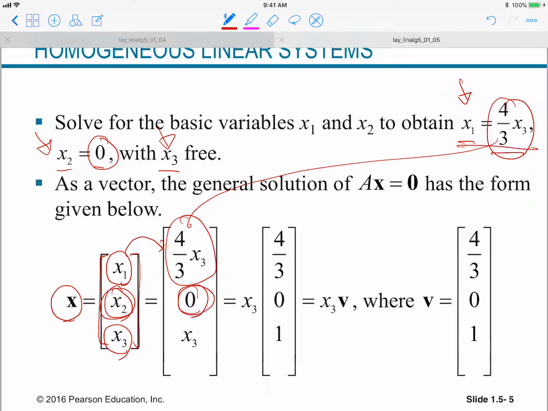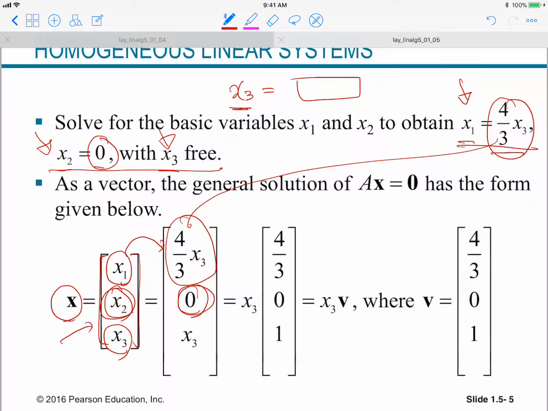Initially in our solution, x3 was just a free variable that we can choose freely, right? So we didn't have any equation like x3 equals something, right? Because x3 is literally a free variable that we can choose with any values, right?